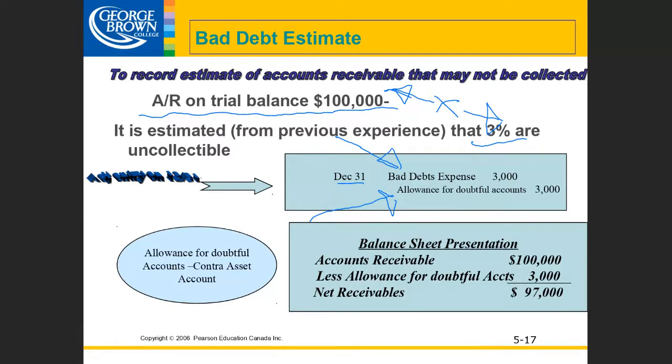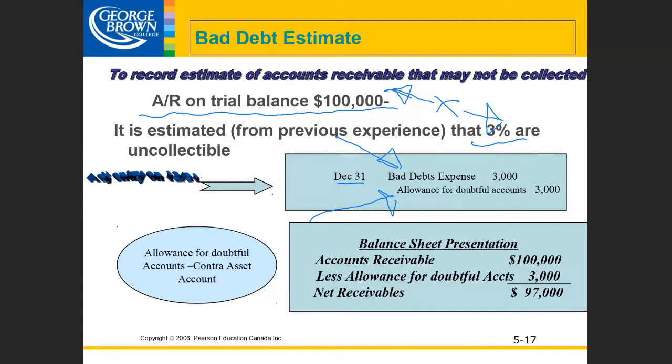If you recall back to depreciation, the account accumulated depreciation is a contra asset account. Very similar is your allowance for bad debts or doubtful accounts. It is a contra asset, so it reduces the amount of your net receivables.